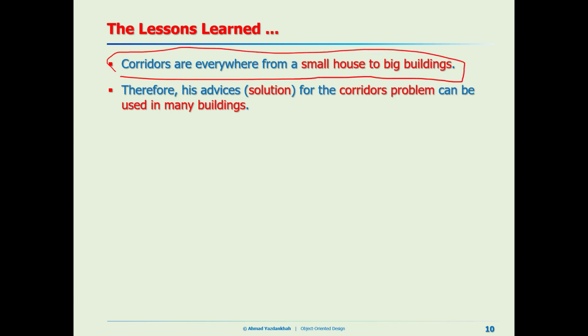So if we can solve a problem in some place, probably that solution can be applicable in other situations as well. So his advice is that we can call it a solution for the corridors problem. It can be used in many, many places.